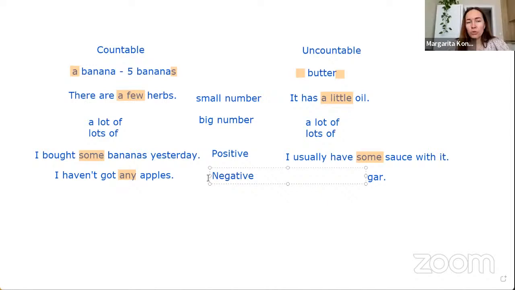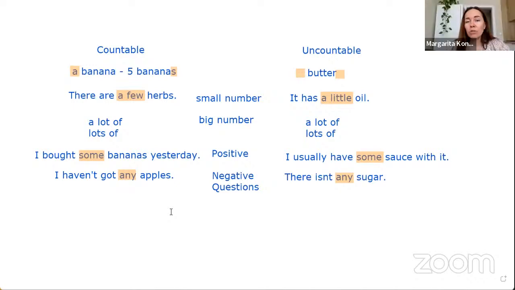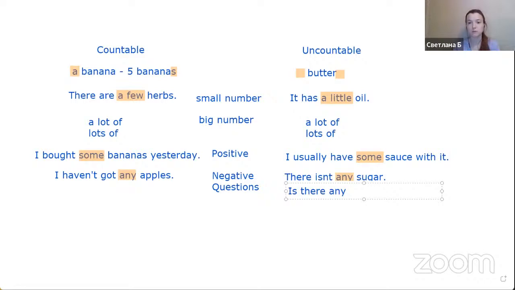But any you can also use for questions. For example, have you got any coffee at home? Or is there any coffee? Uncountable. Is it a question, positive, negative?